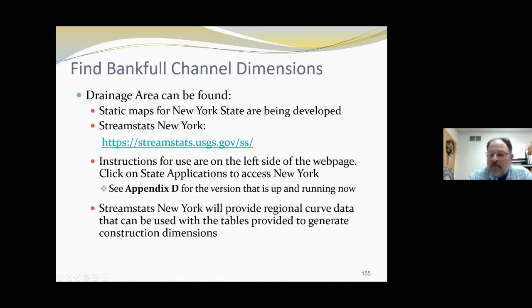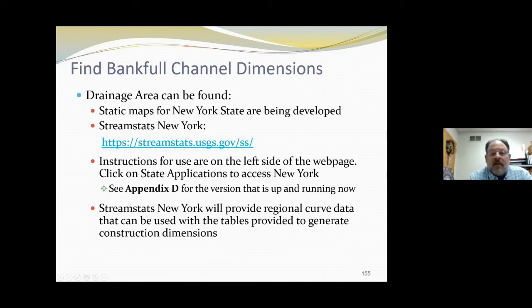There's also another program that we use called Stream Stats New York, and the website is here in blue, the computer program that we use quite often to determine the size of the drainage area that we're dealing with.